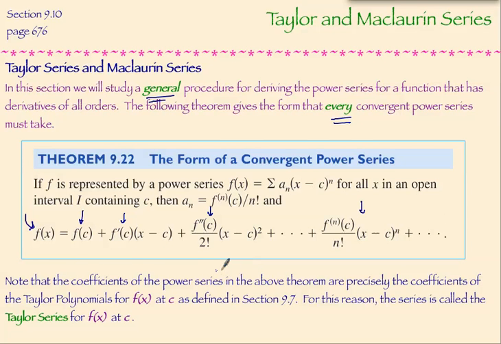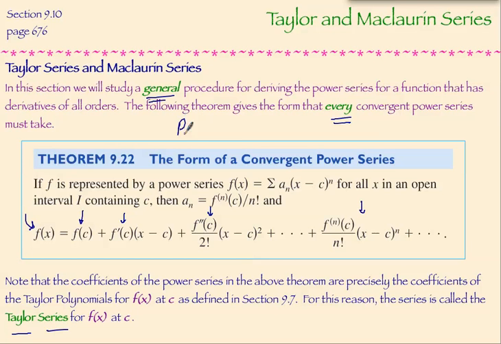Note that the coefficients of the power series in the above theorem are precisely the coefficients of the Taylor polynomials for f of x at c as defined in section 9.7. For this reason, the series is called the Taylor series for f of x at c. Now, back in 9.7, when we were developing these polynomial approximations, they were finite series.